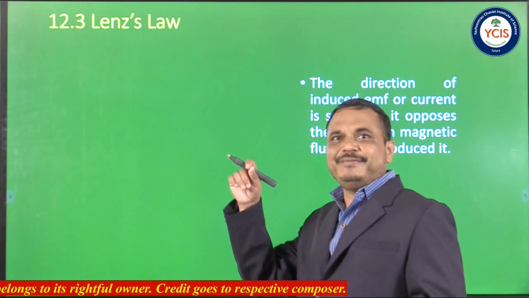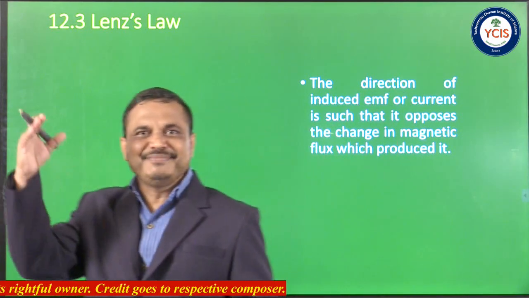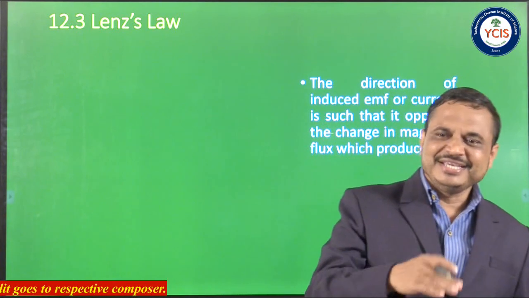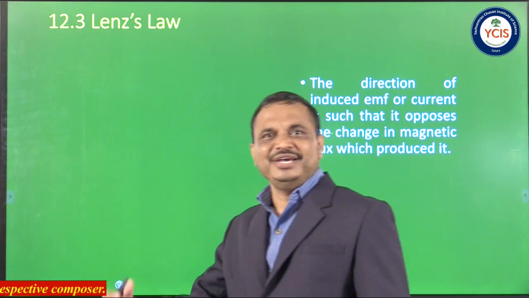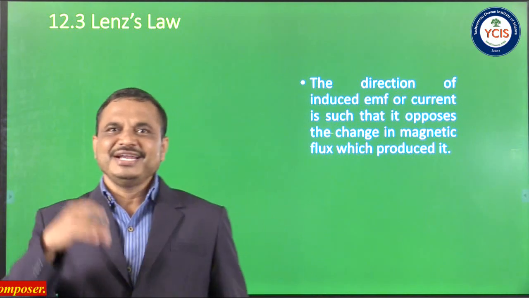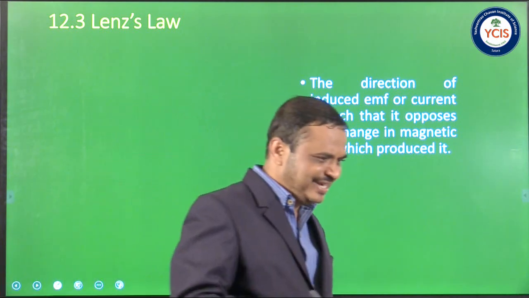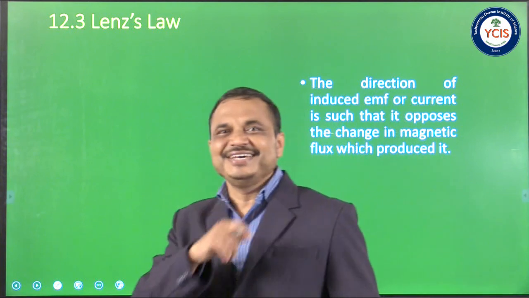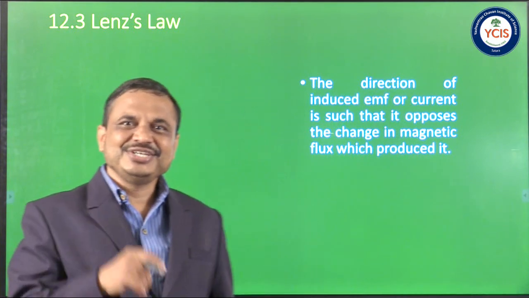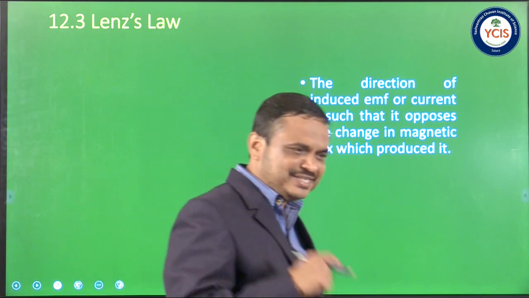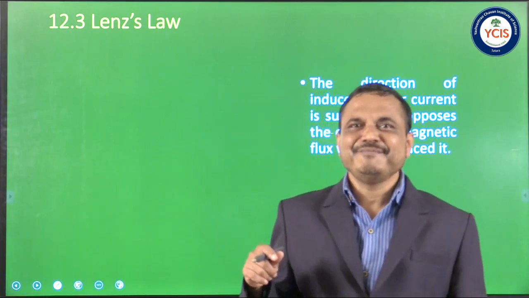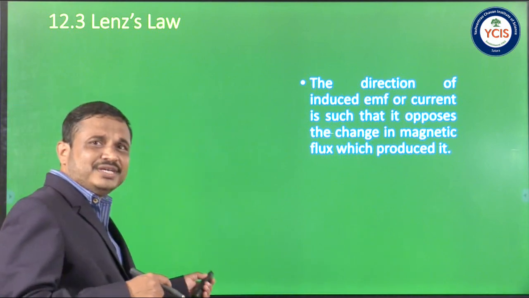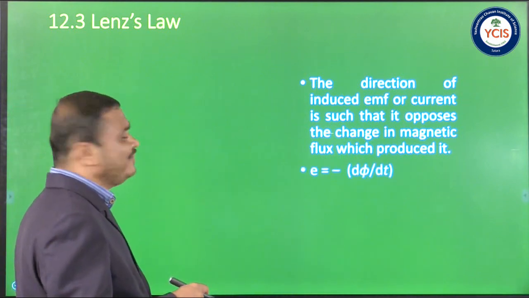Otherwise, if we break the primary circuit, the magnetic flux goes on decreasing. If the magnetic flux goes on decreasing, EMF or current is induced in that coil such that it opposes the decrease in magnetic flux, and that is Lenz's law. That is, the direction of induced EMF or current is such that it opposes the rate of change of magnetic flux which produces it. We can discuss this with the help of a figure.